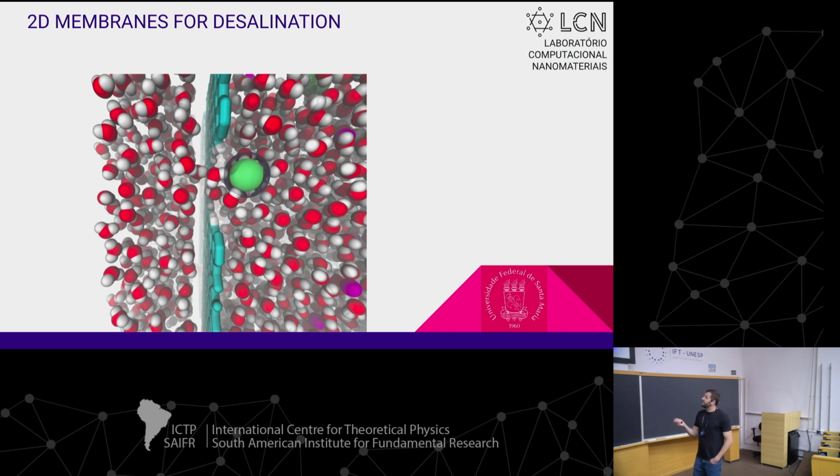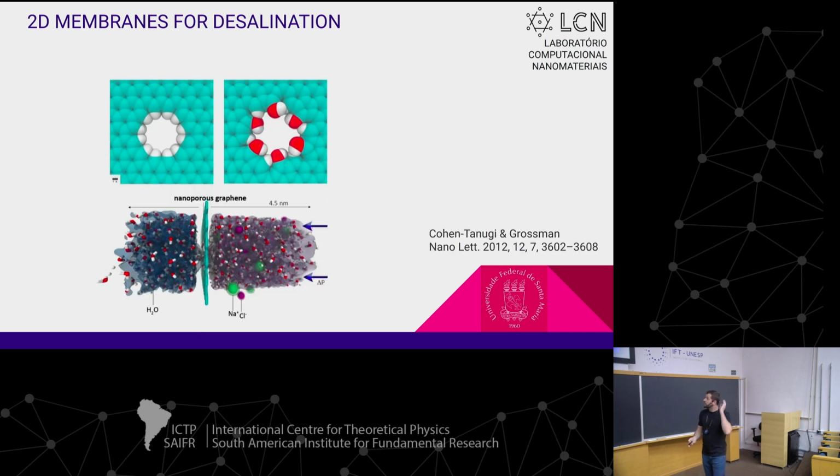So one thing is that in 2010, 2012, some groups came up with this idea that if you open up pores and decorate graphene with specific functional groups, you can either enhance water flux or hinder it. So one way to enhance water flux would be decorating the pores with these hydrophilic groups, attracting water to the pores.